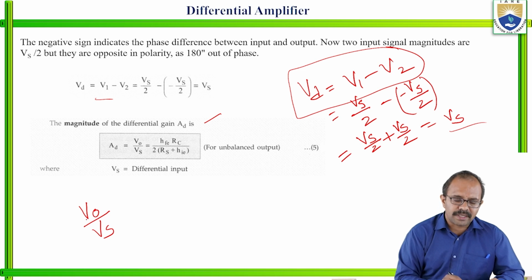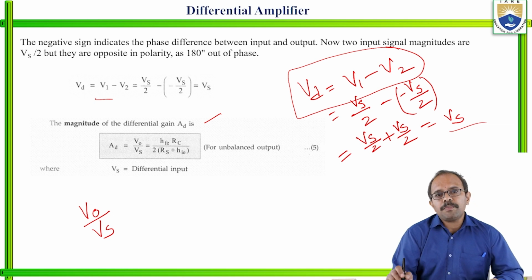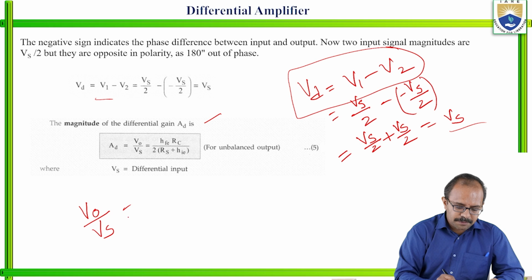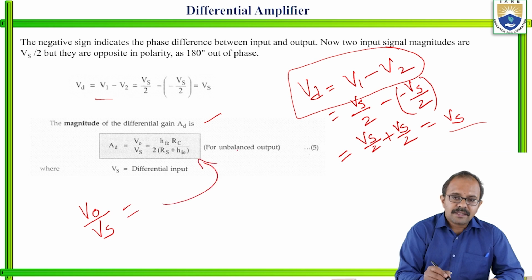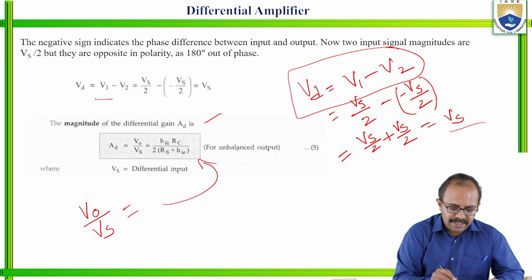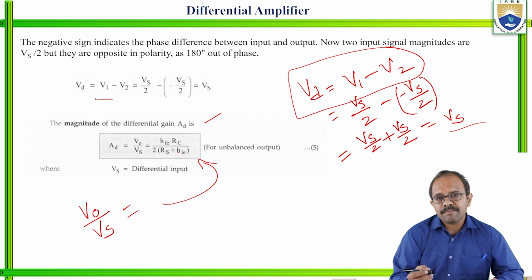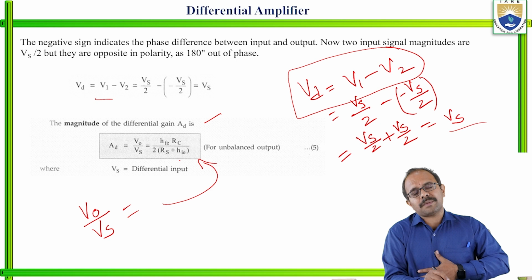V0 is the output voltage and input voltage is going to be Vs. So this Vs is nothing but the input of the differential amplifier under differential mode. So the same expression which we obtained in the previous expression, that is minus, of course minus will be there, so don't confuse, HFE into RC by 2 into (RS plus HIE).